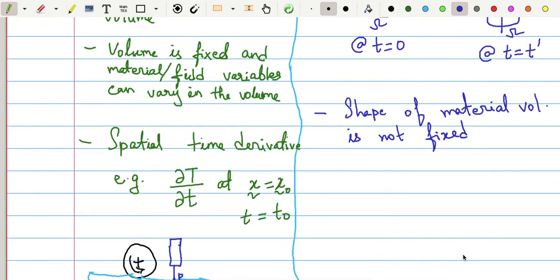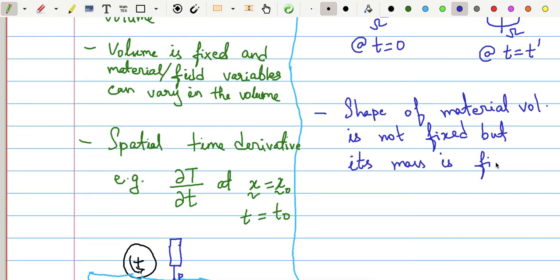Shape of material volume is not fixed, but what is fixed? Its mass is fixed.